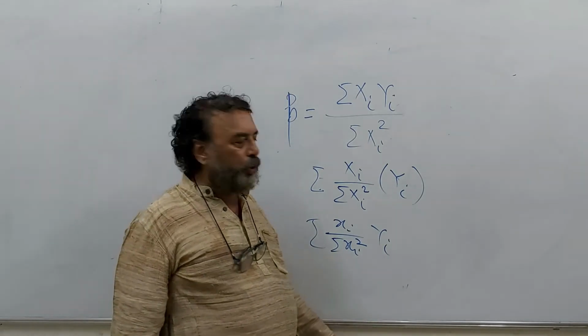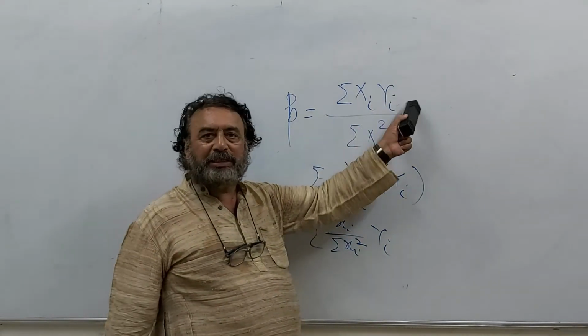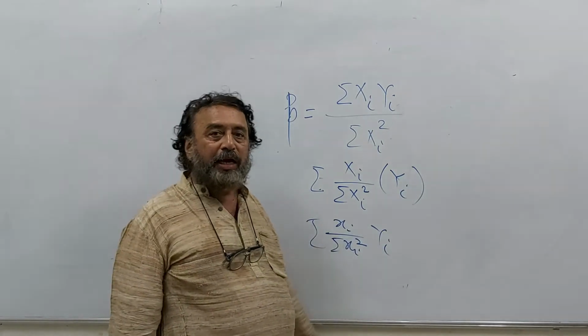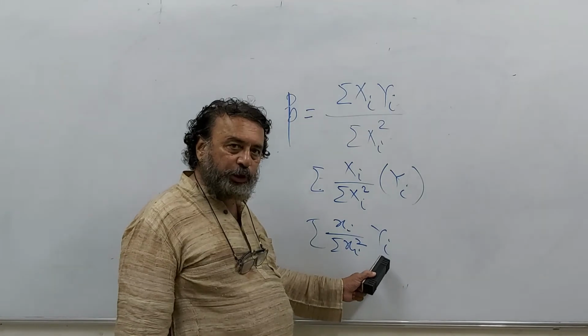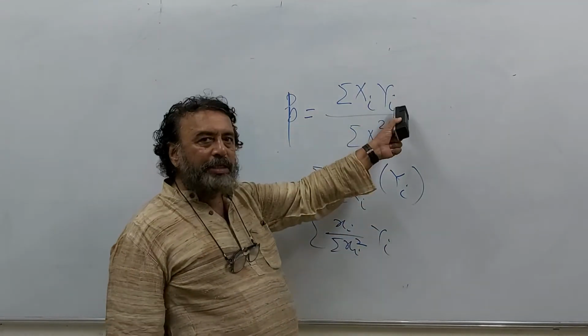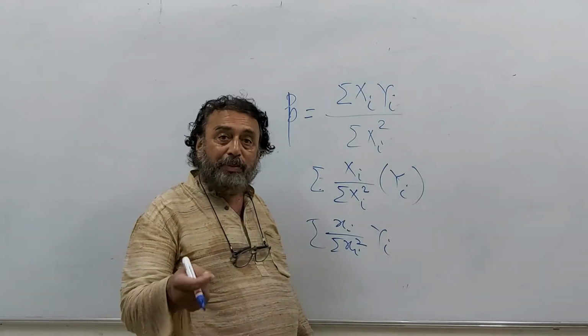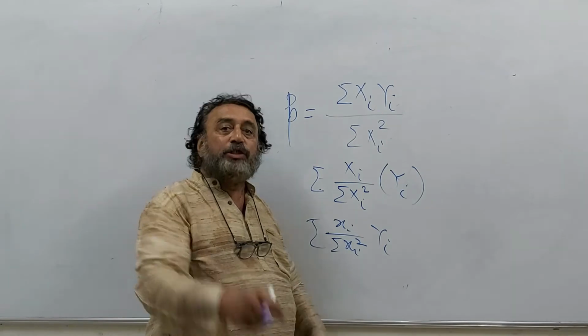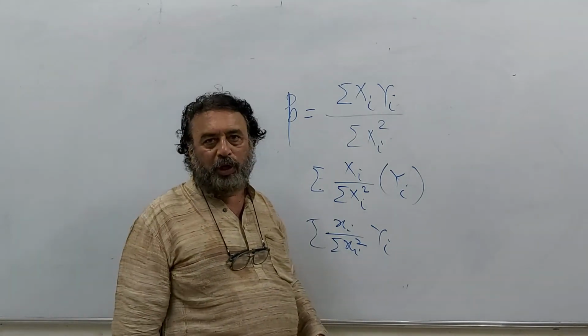And if I am able to show that the variability which results from this estimator as against this estimator happens to be different, and the variance associated with this OLS estimator happens to be smaller than this estimator, then I am claiming that any other alternative linear estimator is going to be inferior compared to the OLS estimator.